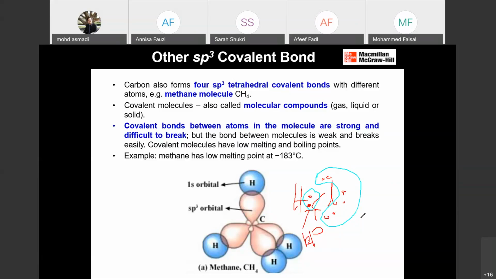This one is a pi bond. Generally, a double bond contains a pi bond, and the first one is sigma.